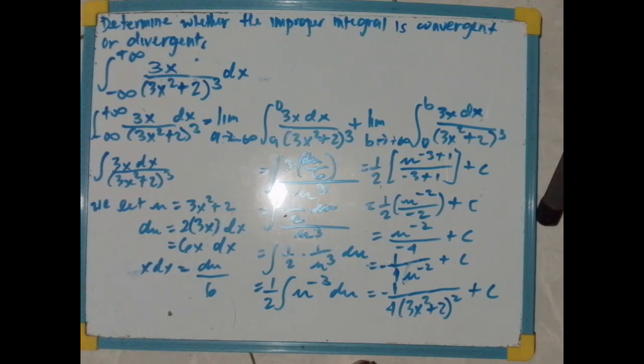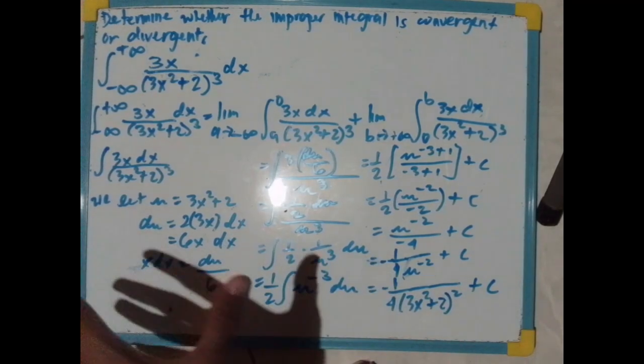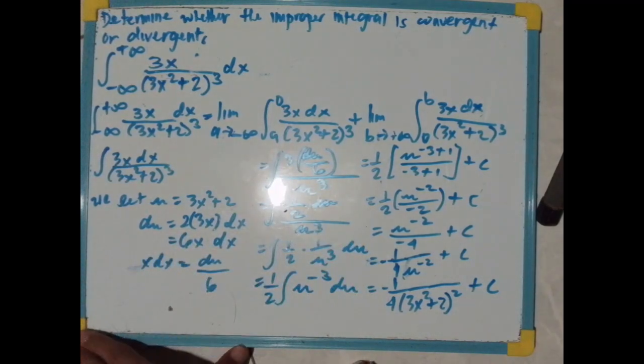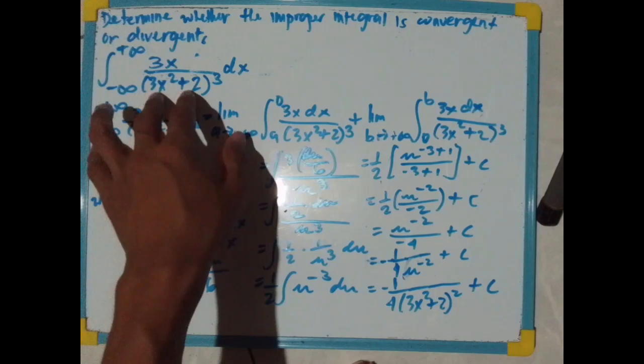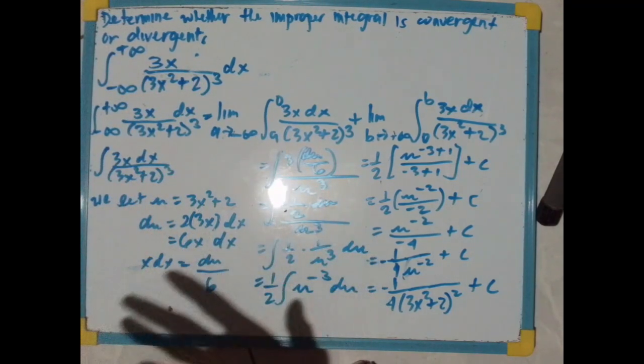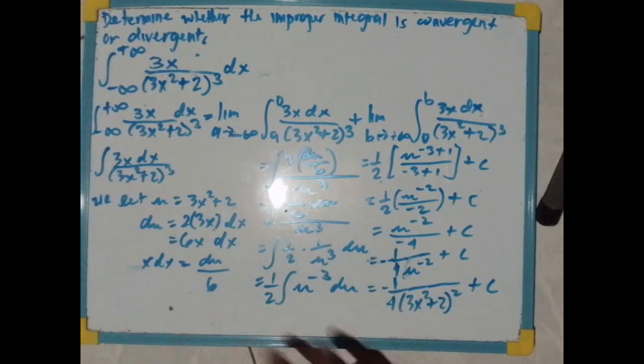So first we find the integral of 3x over the quantity of 3x squared plus 2 raised to the power of 3 with respect to x.